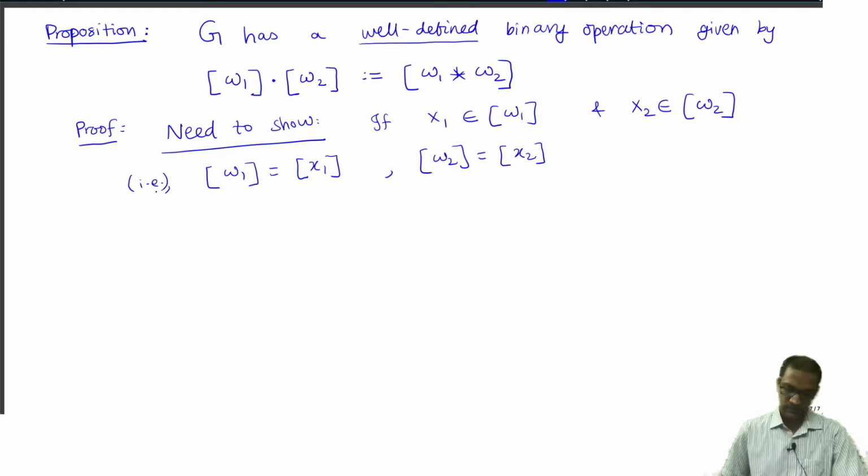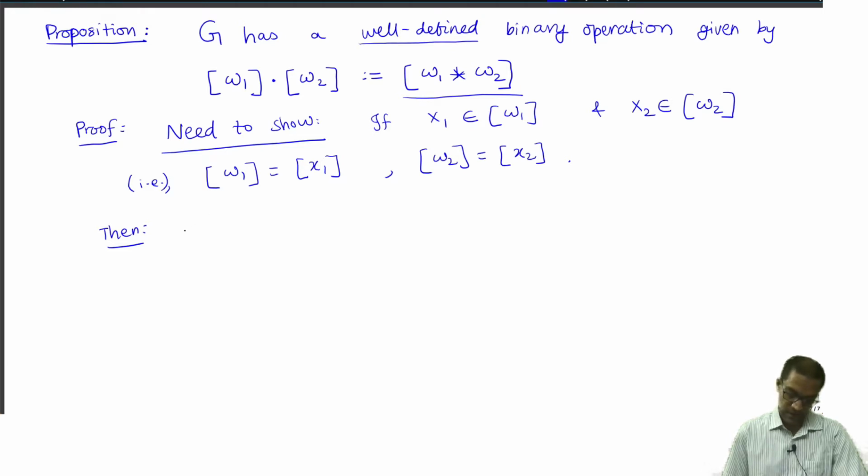So I'm changing my representative. Then I need to show that my right hand side will be the same answer, whether I do W1 star W2 and take the concatenation, or I take x1 star x2 and take their concatenation. The answers should be the same.